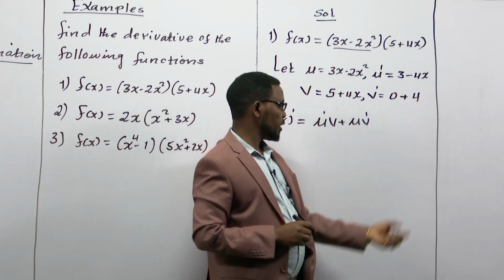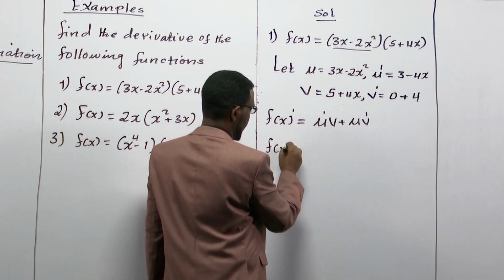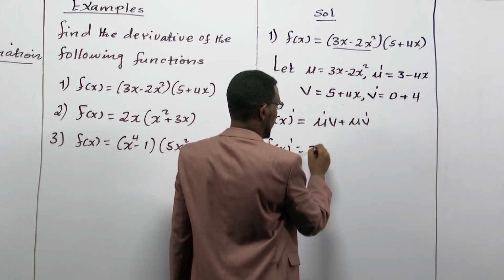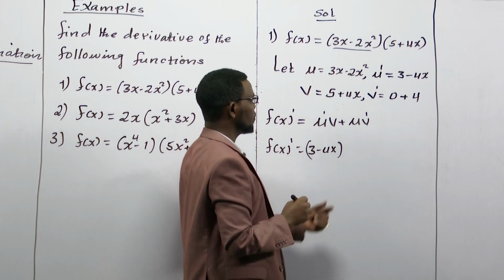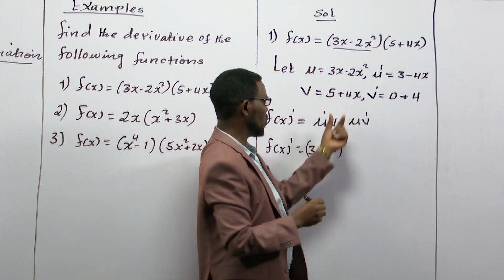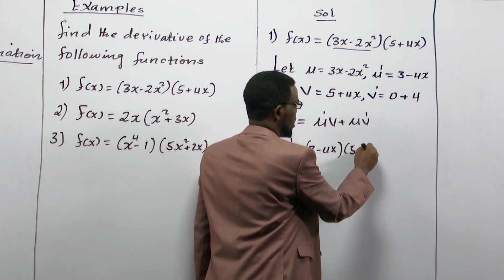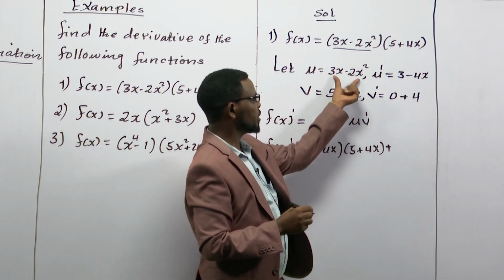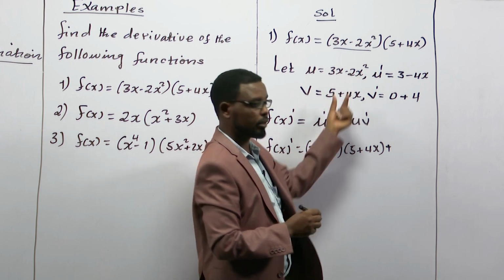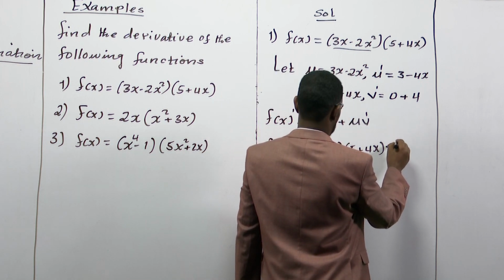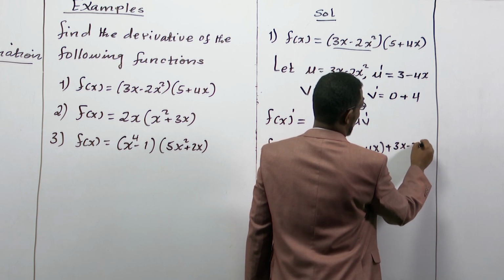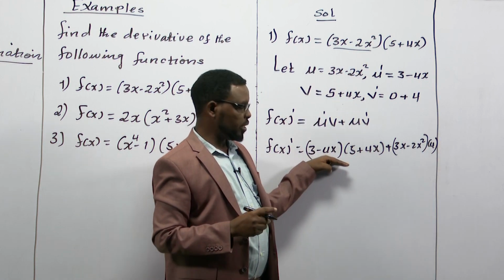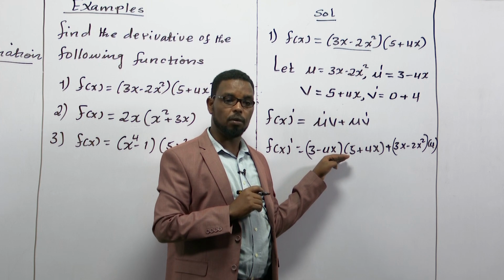So f of x prime is equal to 3 minus 4x times 5 plus 4x, plus 3x minus 2x squared times 4. We substitute all into our formula.